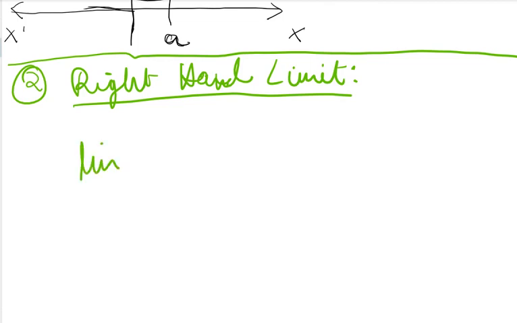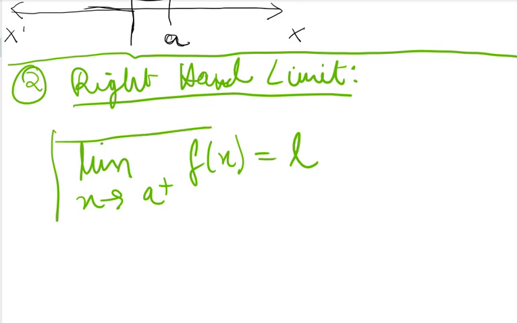So limit x tends to A positive, f of x will be equal to some limit L. Now if I am to give you an example on how we can find a limit approaching from the left hand side and the right hand side, let us consider a function.